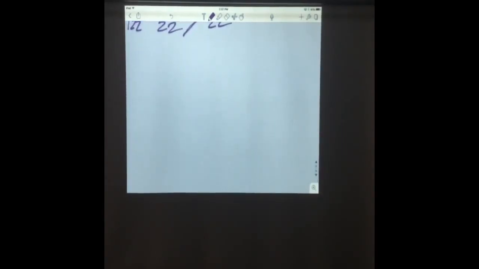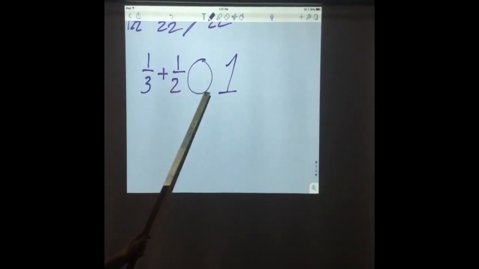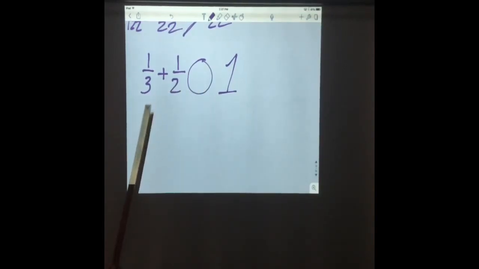Let's do another problem. Let's say we have a third plus a half. And what is that in comparison with 1 whole? Is this bigger than 1 whole, or is it less than 1 whole? Well, is a third as big as a half?